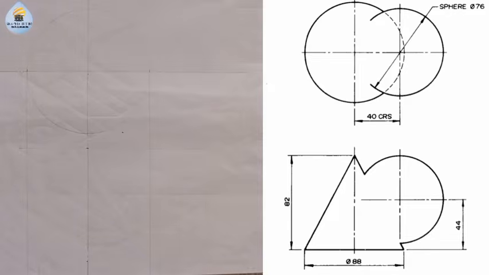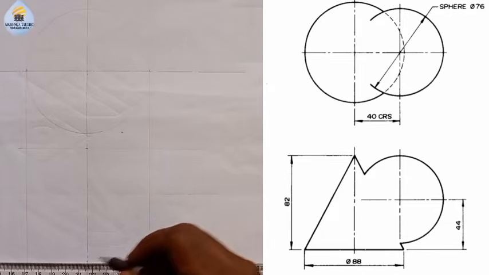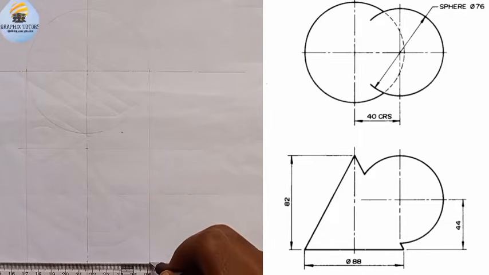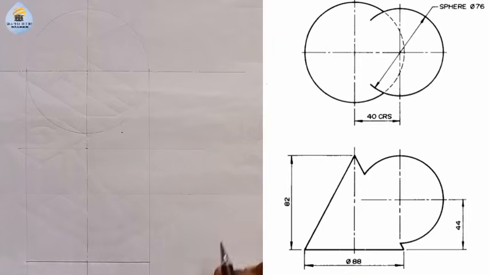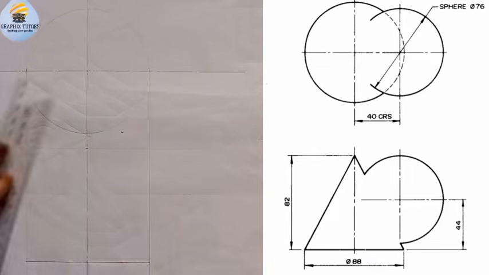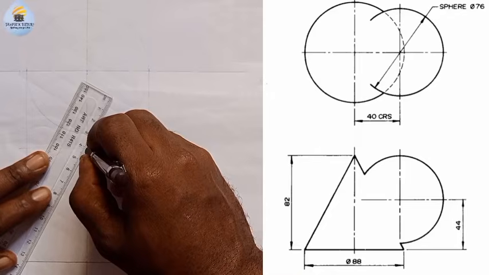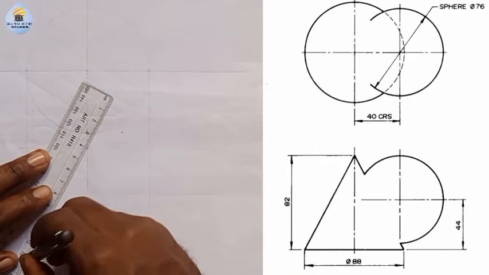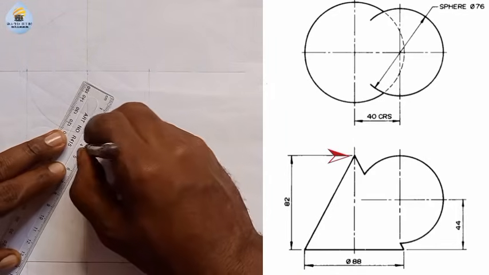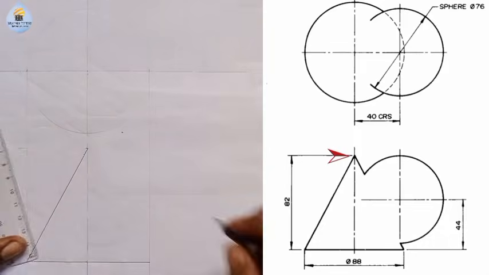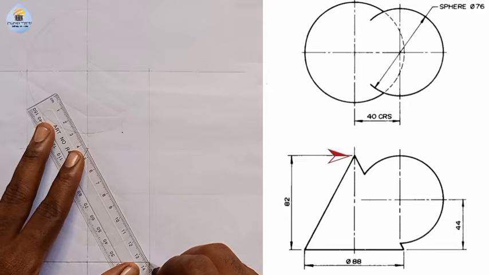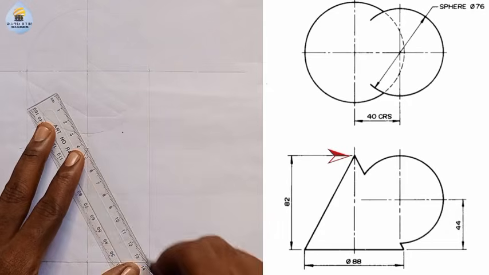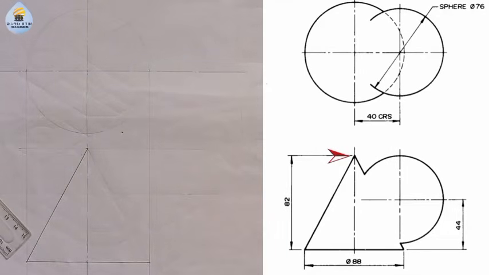And I'm going to thicken that base. That will be the base of the cone in the elevation. So this is what we have here. You can see that, and I'm going to connect it with my faint line first of all, or I can thicken it here because that side is thick. Then here I'm going to use faint line to draw this because of the sphere that is intersecting it, right? So this is the cone here.